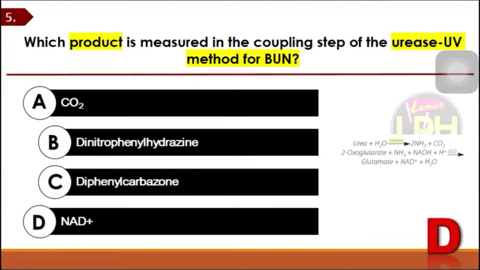Glutamate dehydrogenase catalyzes the oxidation of NADH, forming glutamate from 2-oxoglutarate and ammonia. So the glutamate dehydrogenase reaction is used for measuring BUN and ammonia. When the urease reaction is performed under first order conditions, the decrease in absorbance at 340 nanometers is proportional to the urea concentration. For number 5, that's letter D.